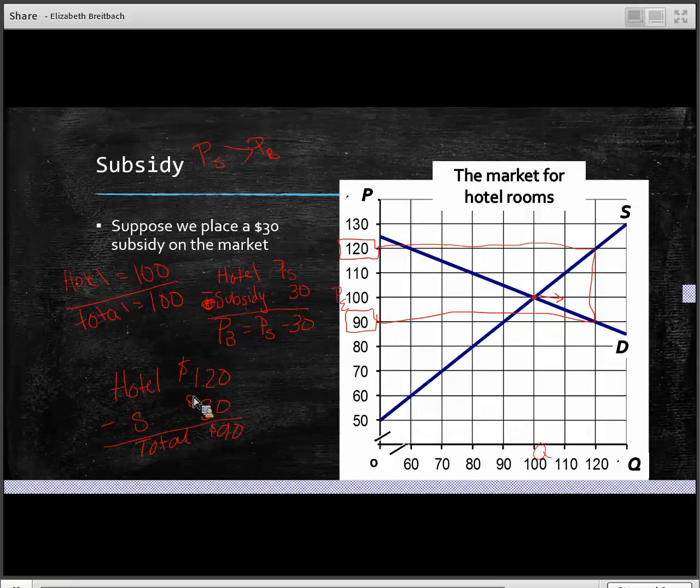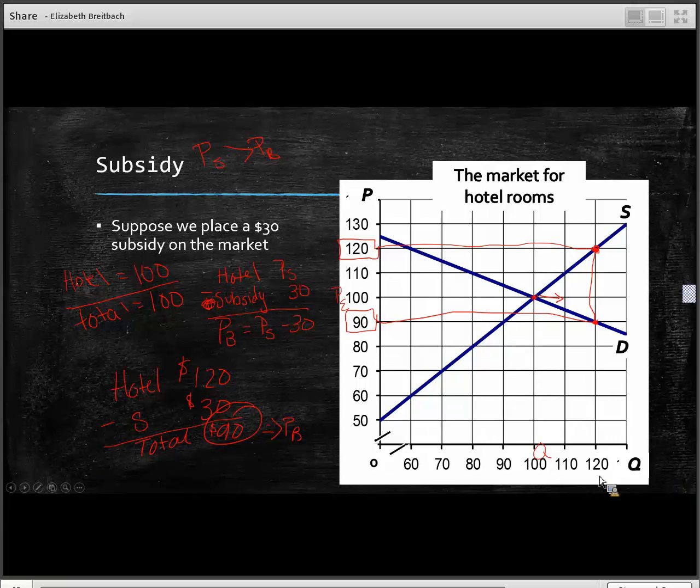What about the quantity bought and sold in the market? At a price of 120, the quantity supplied is going to be right over here at 120. Let's get rid of that so we can see it. And at a price of 90, the quantity demanded is also 120, and so the quantity is 120.